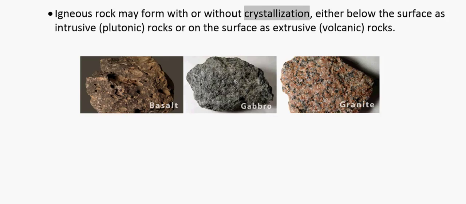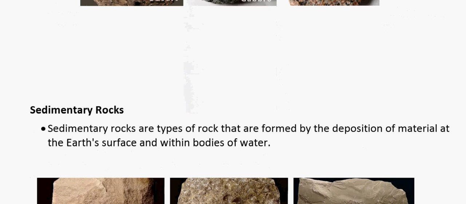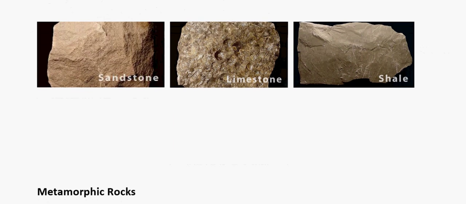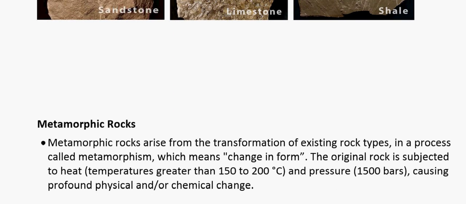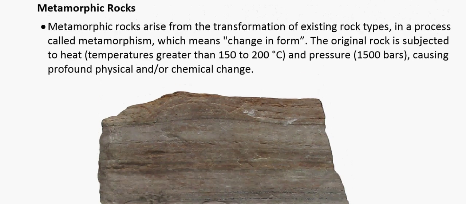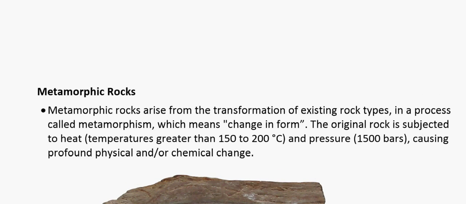It will be very helpful while you are preparing notes from this video. Then we talked about sedimentary rocks like sandstone, limestone, and shale. And metamorphic rocks are rocks which go through physical or chemical change due to temperature, heat, and pressure. Okay, fine guys.